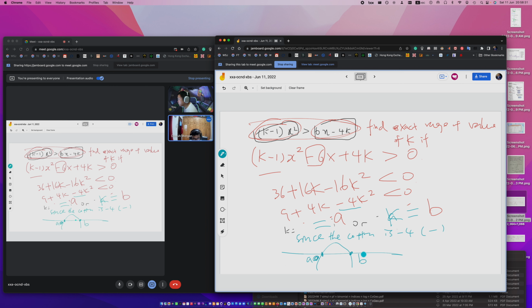Below is here. In this case, below is here, because below means here, right? So therefore this part is k smaller than A, right? Then this part is k bigger than B, right? Yeah, okay?